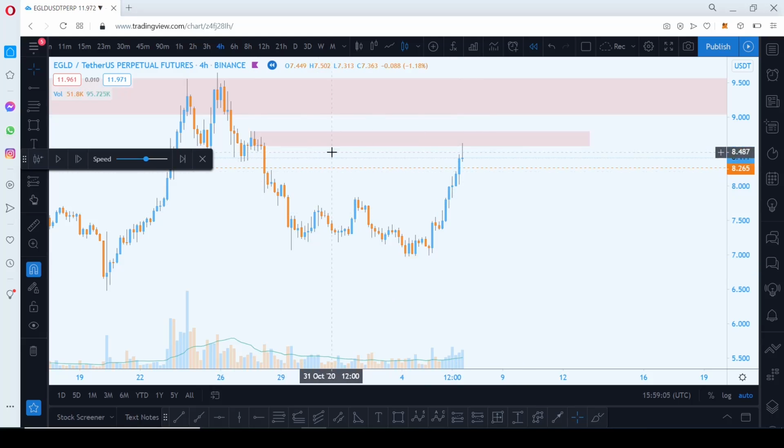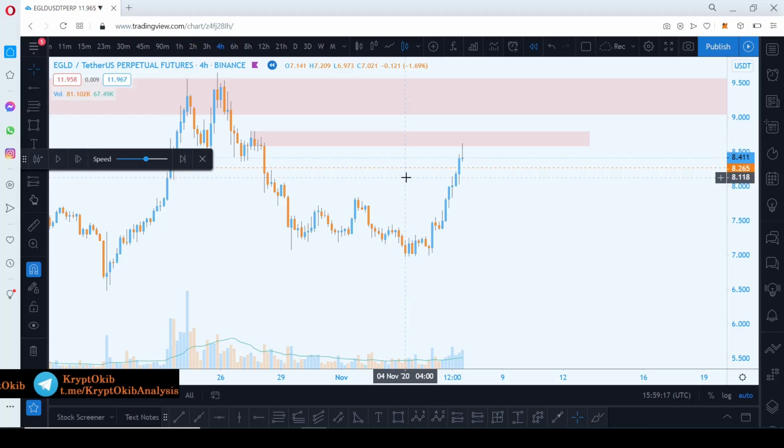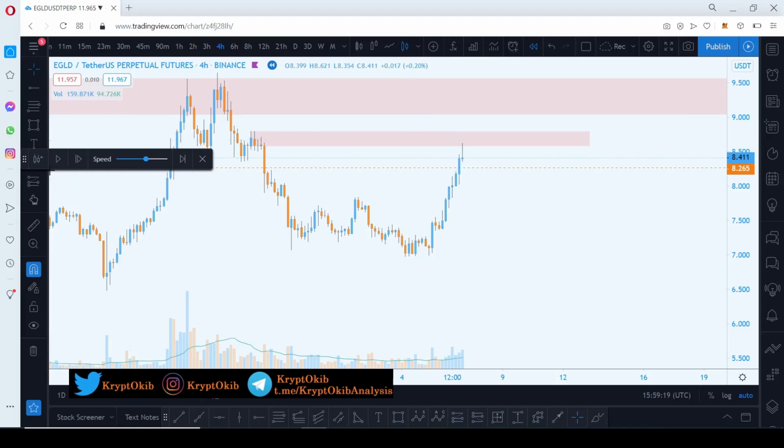And now, this zone might not be a good one anymore, because trading supply and demand, you have some number of days you want to wait at a zone for it to remain valid. So let's see what happens, if it still holds or not.